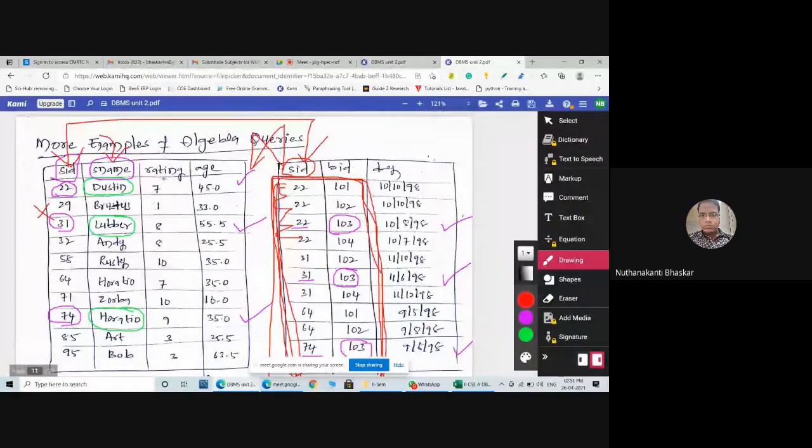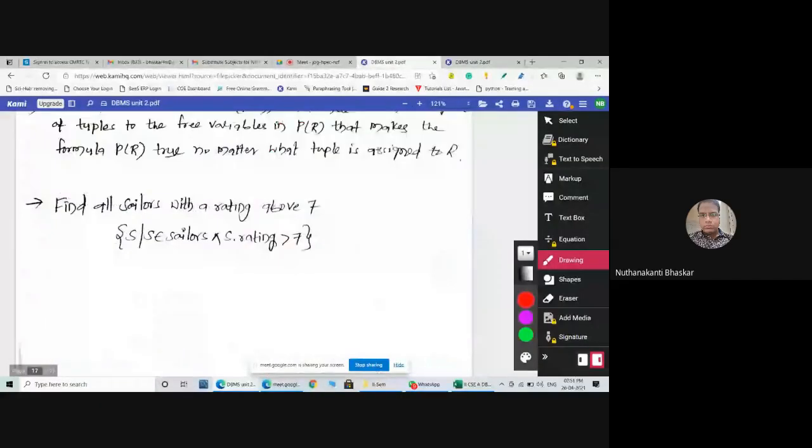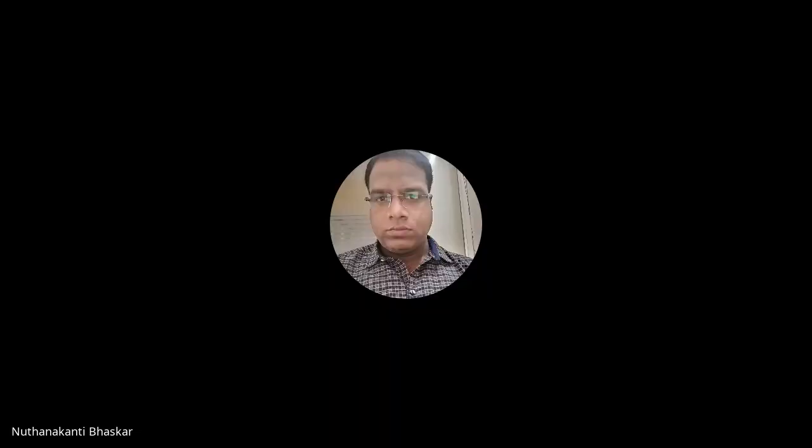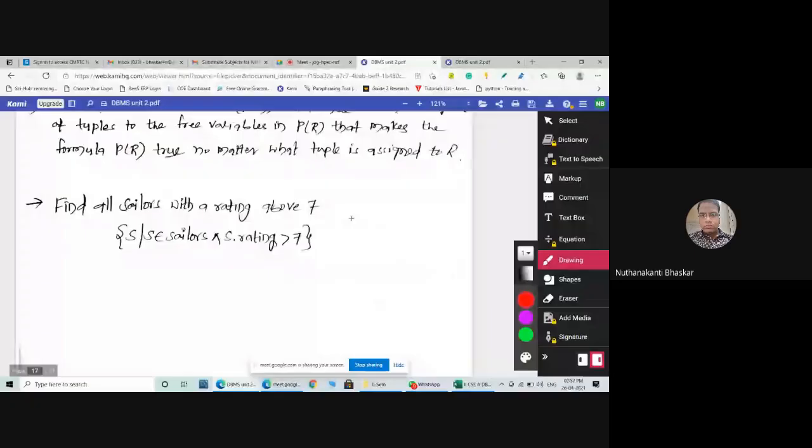So this is the task. Correct? Correct. The same query we did in relational algebra. Now, the same query we are going to do in relational calculus.